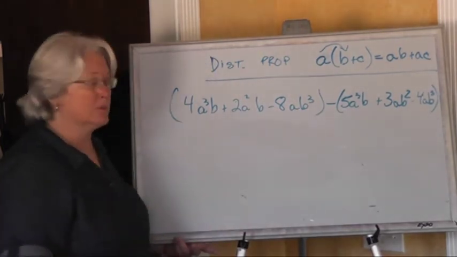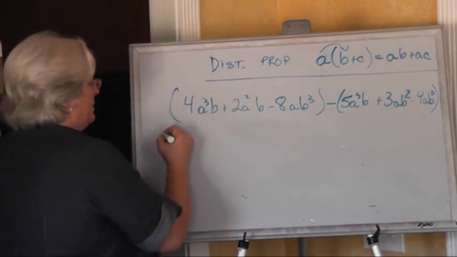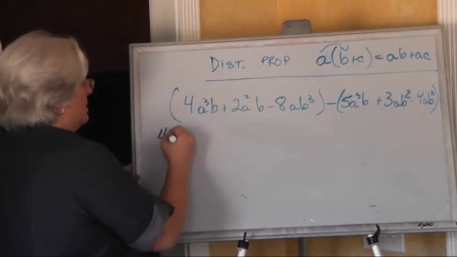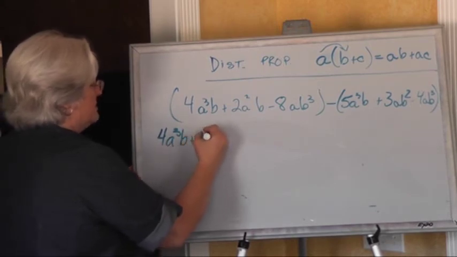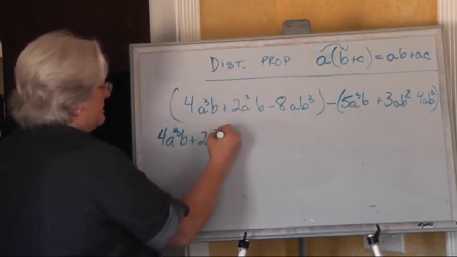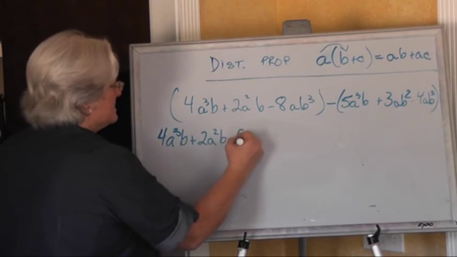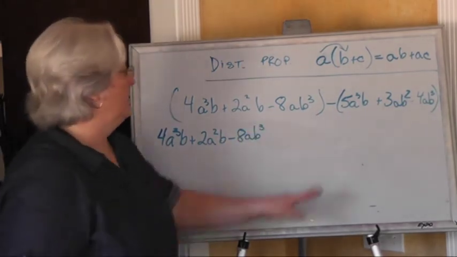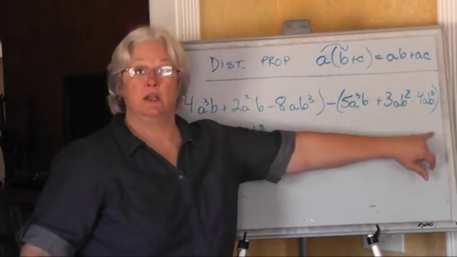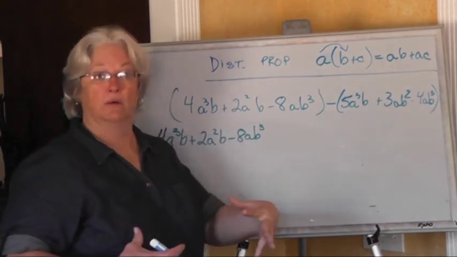So they're not like terms. We can simply remove the parentheses here: 4a cubed b plus 2a squared b minus 8ab cubed. Now, do we have any like terms in here that we can combine? No, there aren't any.